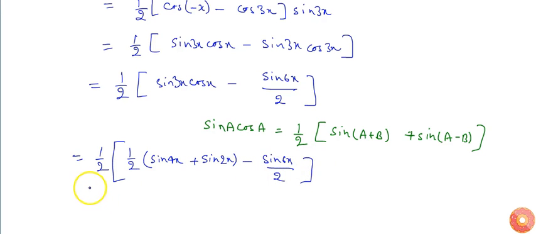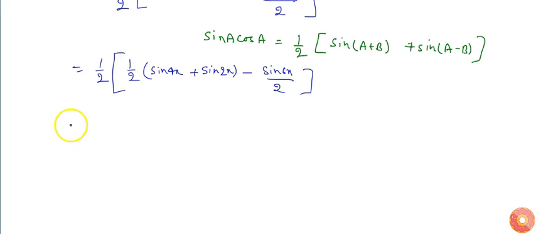So the given expression is changed in the sum form, so it will be sin 4x by 4 plus sin 2x by 4 minus sin 6x by 4.